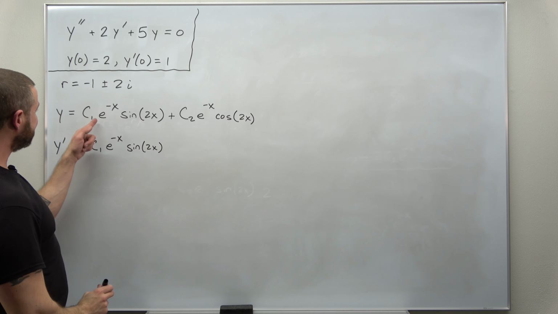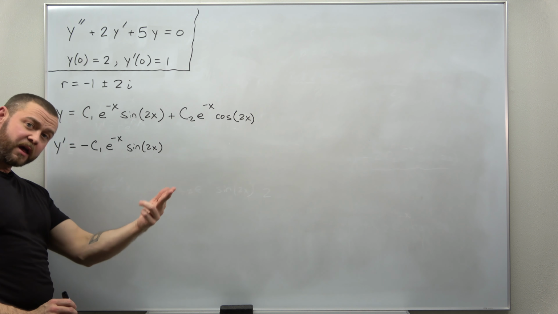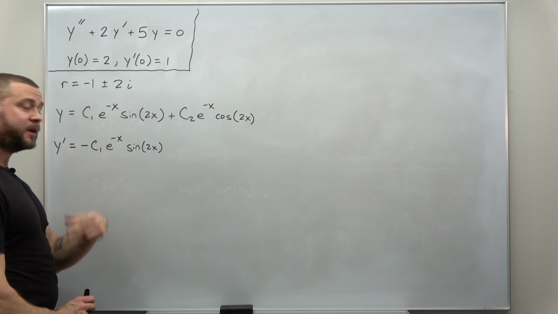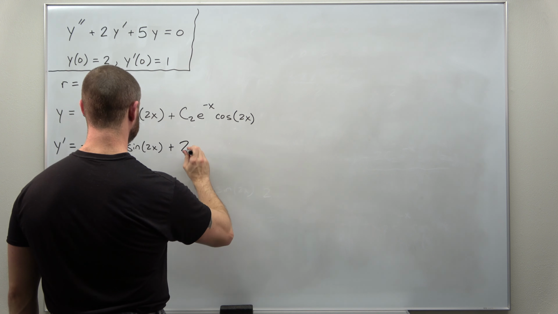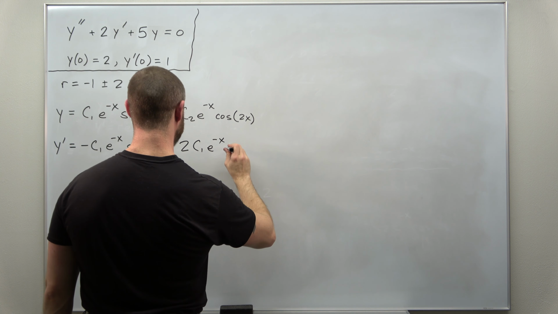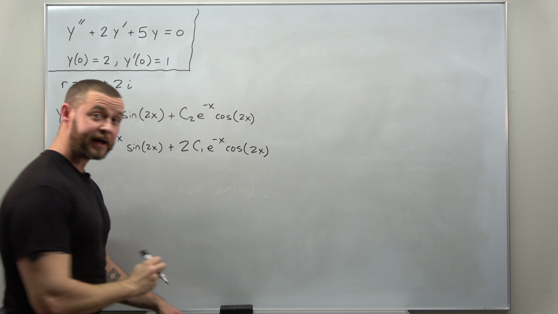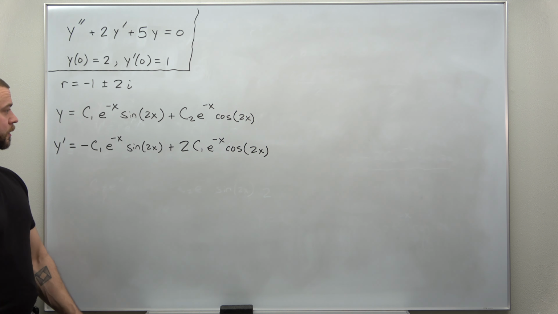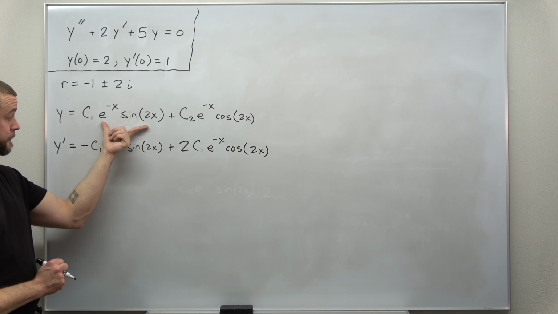And now we add to that the first function times the derivative of the second, and that's where the chain rule comes in again, giving us a factor of 2. So we'll write that as plus 2 c1 e to the negative x times cosine of 2x.